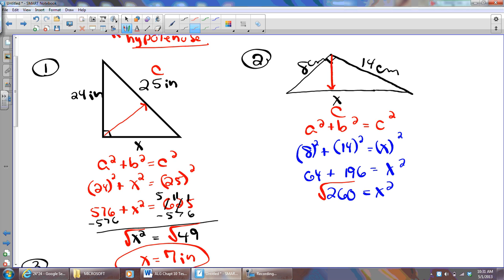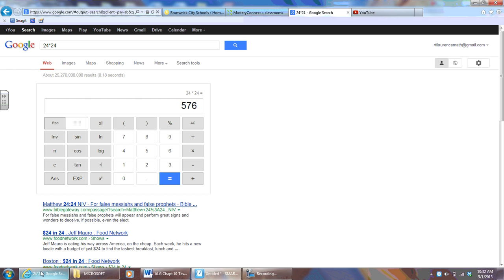Now, I don't know the square root of 260 off the top of my head. I know 15 squared is 225. I know 16 squared is 256. It's going to be a little bit more than 16. But I can go to my Google calculator, type in 260, and then take the square root.